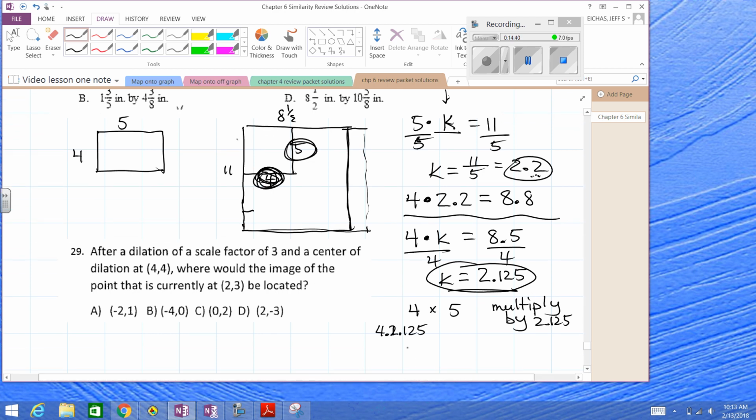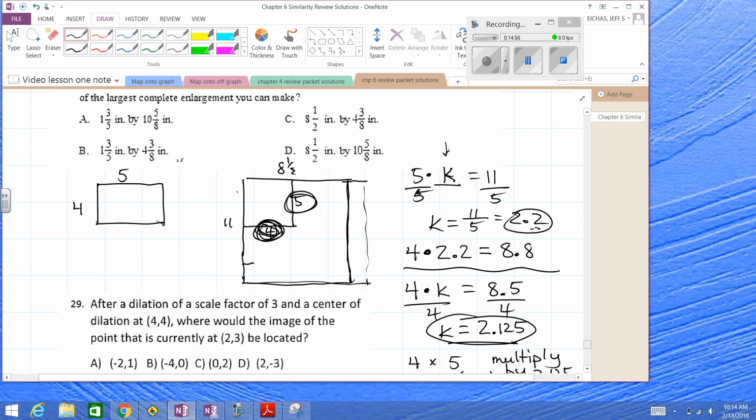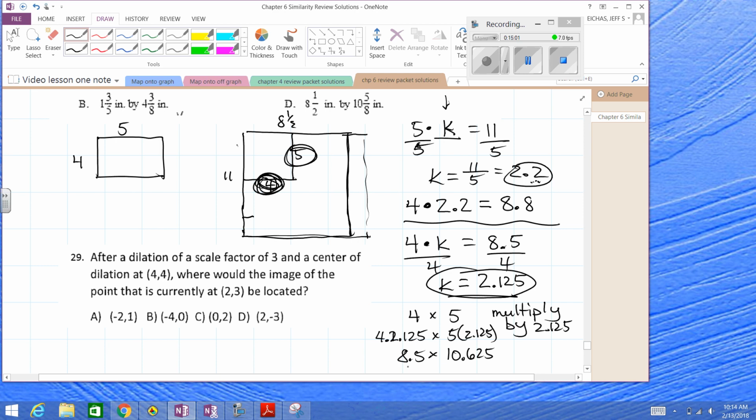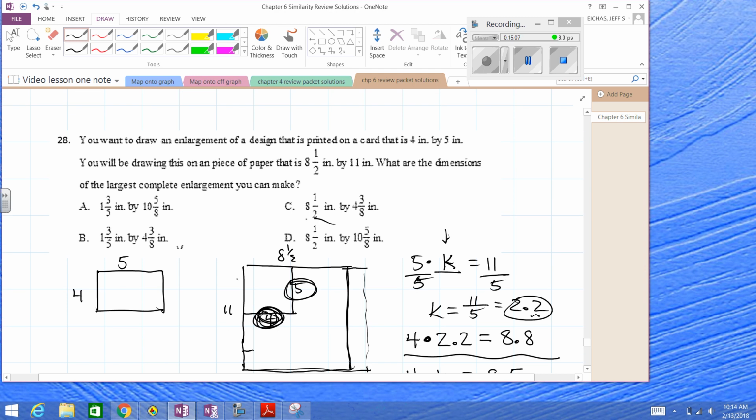Okay, that's 8.5 is what I get there. 5 times 2.125 is going to be 10.625. Now, if we change those to fractions, that's 8.5, and that's 10 and 5/8. Okay, that's this one. Pretty tricky problem.